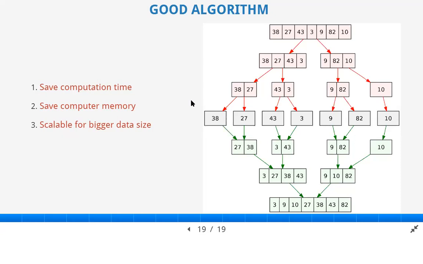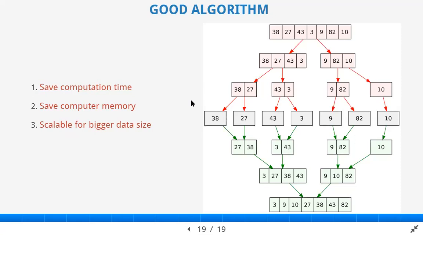Sometimes we find that 38 is larger than 27. Then if we go on with this method and we get to the number 3, we compare again, going back to the front cells, and it requires a lot of time and a lot of calculation.